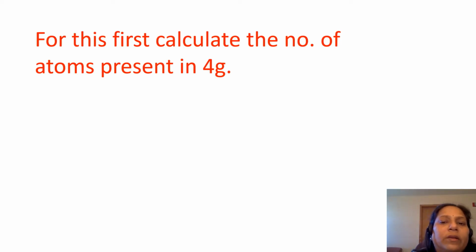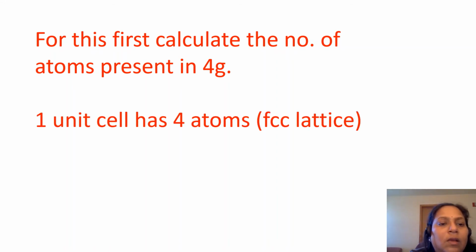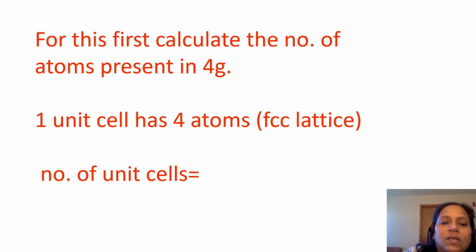So for this, first what we will do is to calculate the number of atoms present in 4 grams of the atom. Now we know that one unit cell has 4 atoms. Why? Because this is an FCC lattice. So the number of unit cells will be equal to the total number of atoms upon 4, because one unit cell has got 4 atoms.